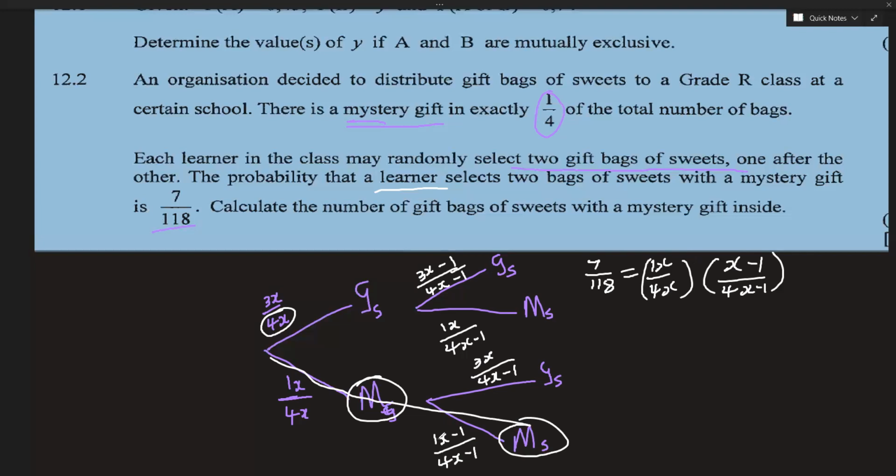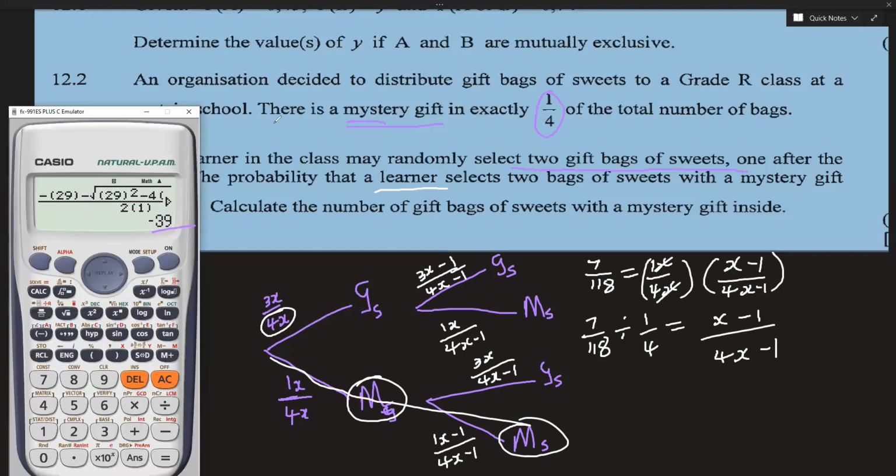I didn't put the 1 here because we know there's a 1 there. This x will cancel that x, and I have 1/4 here, so I can divide this side by 1/4 to get (x minus 1) over (4x minus 1).